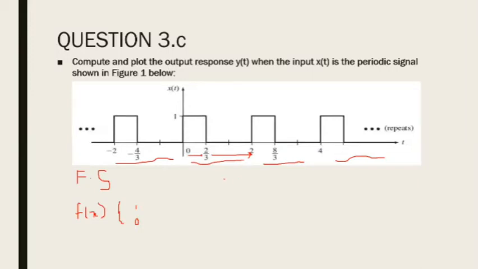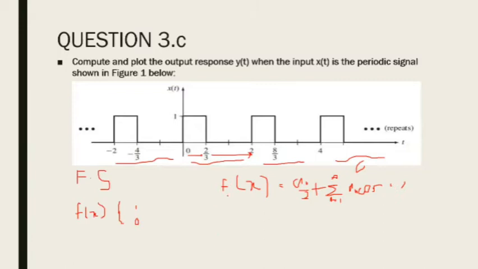That is f(x) equal to a naught over 2 plus the summation of an cos(n pi x over 2) plus bn sin(n pi x over 2).